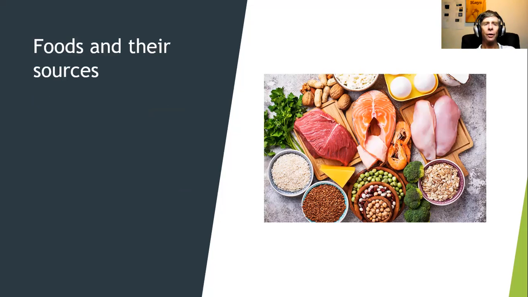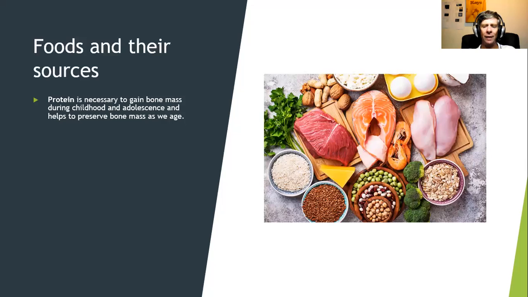So what are some of the sources of these foods? Protein is necessary to gain bone mass during childhood and adolescence, and it helps to preserve bone mass as we age. So your bone is building and growing and thickening and strengthening upwards of about 20 to 25 years of age.